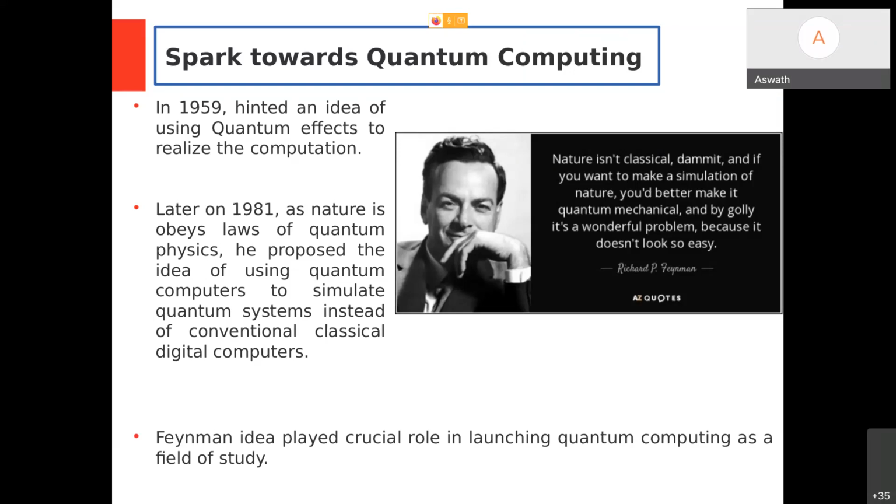Hopefully many of you got some idea about quantum physics in your first or second years of engineering. He gave a very nice talk in 1981 that sparked a fire in many physicists by then to perceive quantum computing based on quantum physics.